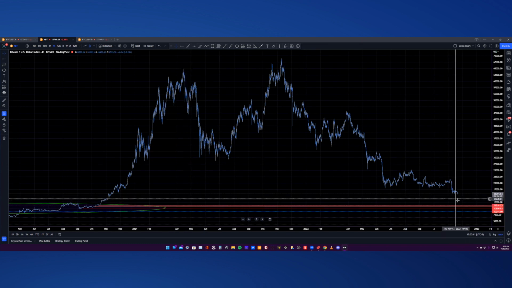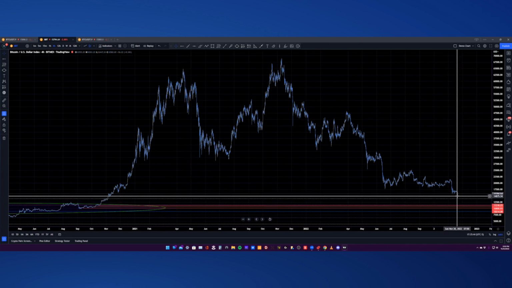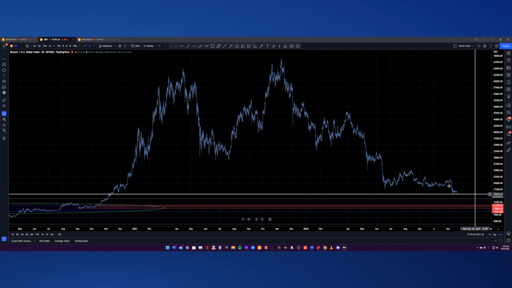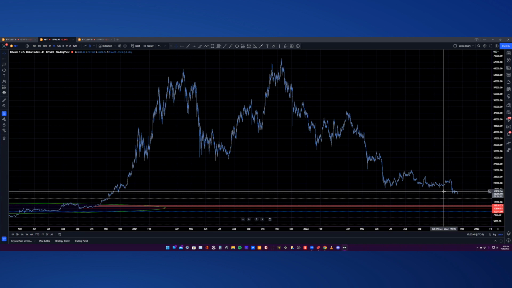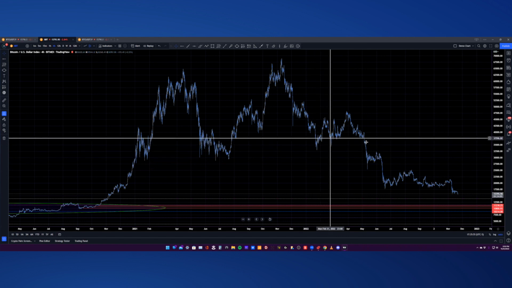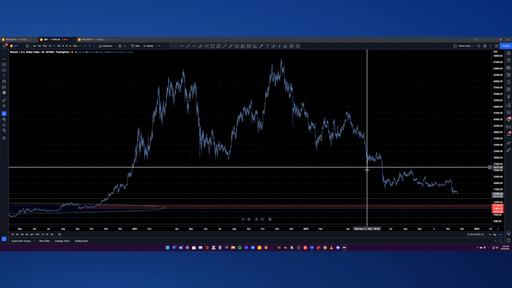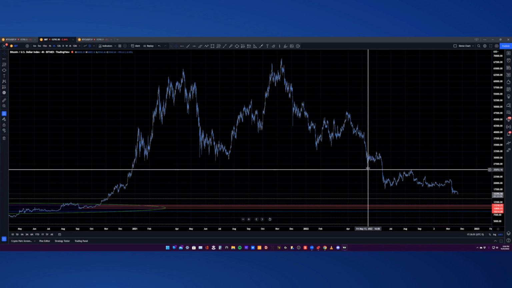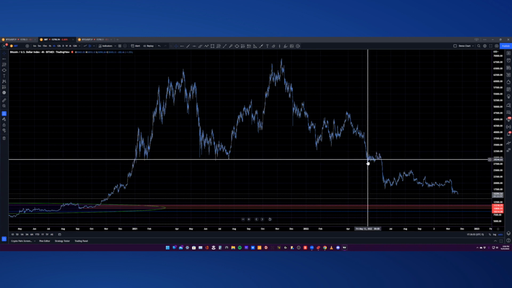Anyways, in the next time or two that we talk about flips and things, we're going to go over how you don't have to catch knives. You'll be able to see a move come down, and then you'll let this big bounce happen. And maybe you missed that big bounce, right?